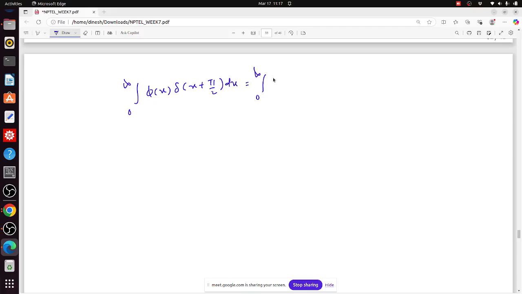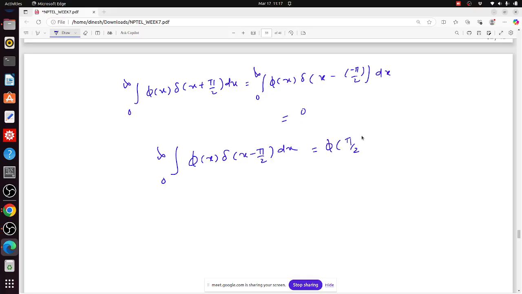Then the integral of phi of x delta of (x minus pi by 2) dx is equal to phi of pi by 2, because pi by 2 belongs to 0 to infinity.